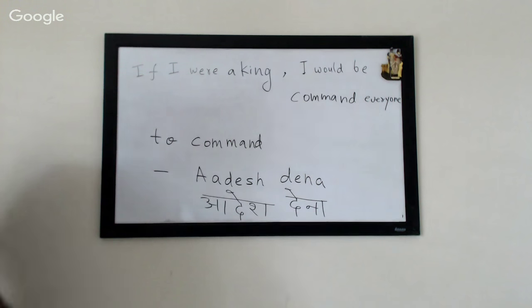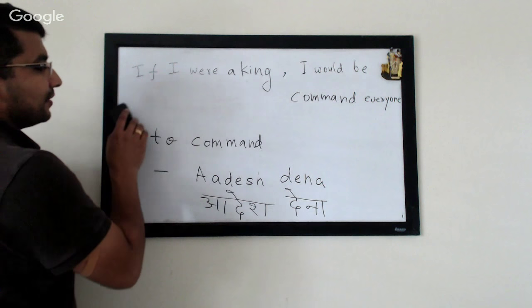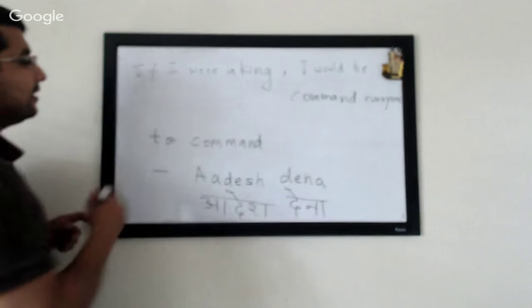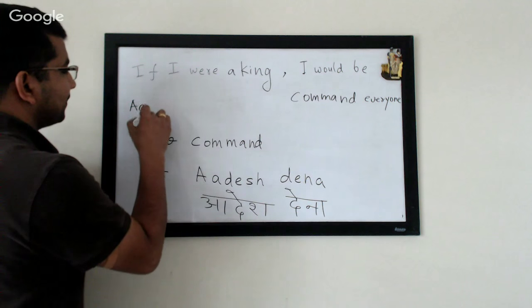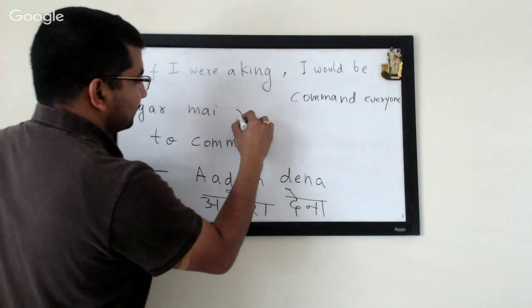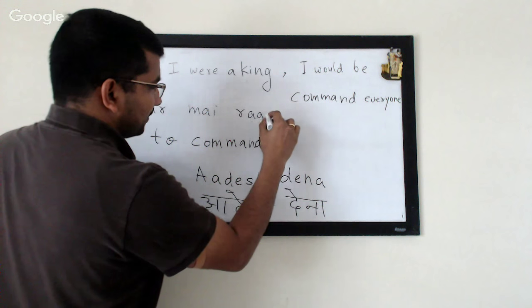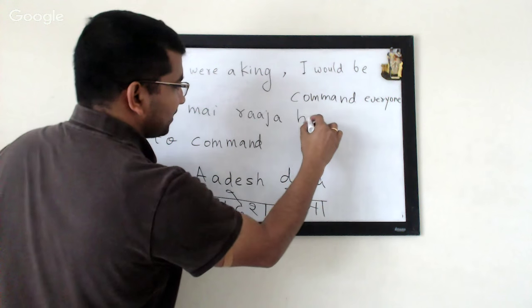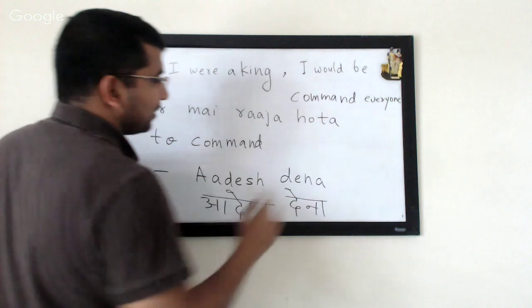Okay. So let's do it now. So अगर मैं, king is राजा, अगर मैं राजा होता, right?